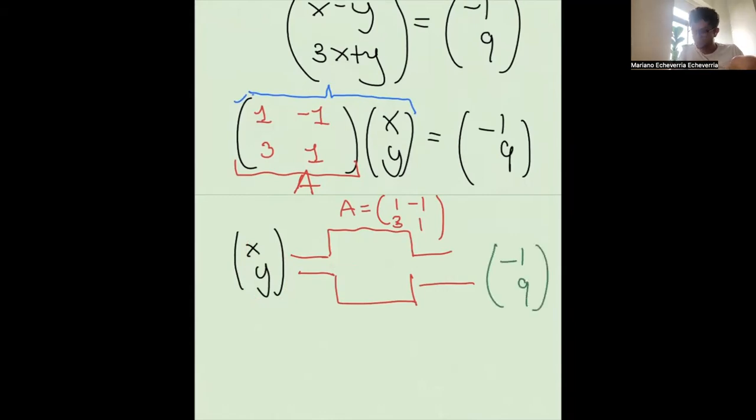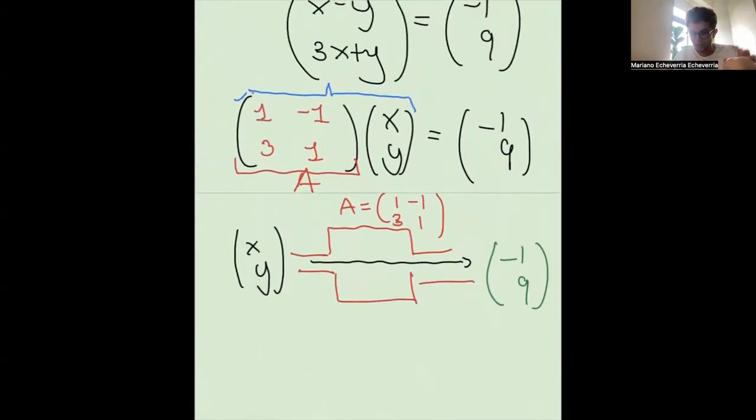-1, 9. So in this problem, what's happening is that I'm saying I know what the output is. I want the output to be -1, 9. Tell me what values of x and y you should feed into the machine to get -1 and 9.